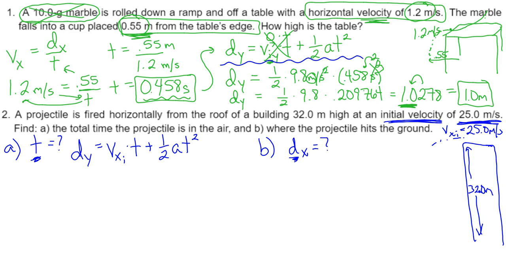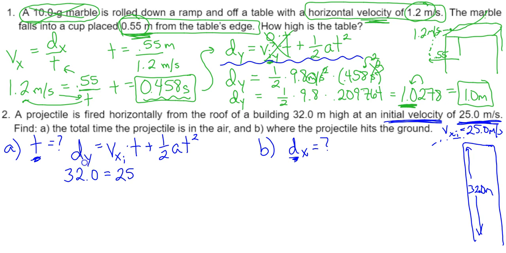Okay, so we're going to plug in everything that we know, and then we are going to go from there. Our distance in the y direction is 32 meters. Our initial velocity is 25.